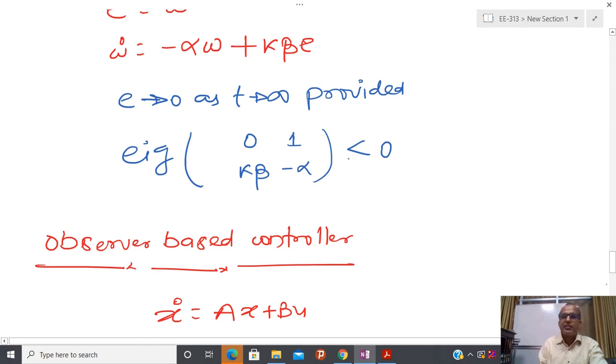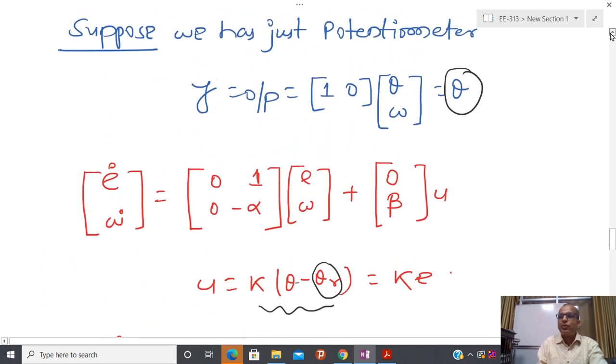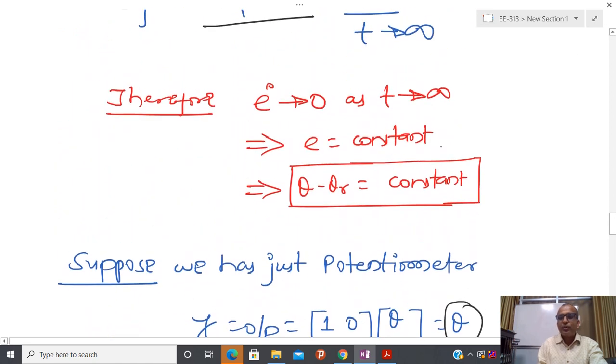Suppose that it is possible to show that in some cases, as we have seen in the first case, if I have just information of omega, then I cannot force theta equal to theta r. So I only have two choices. Either I add some extra sensor or I change the sensor.